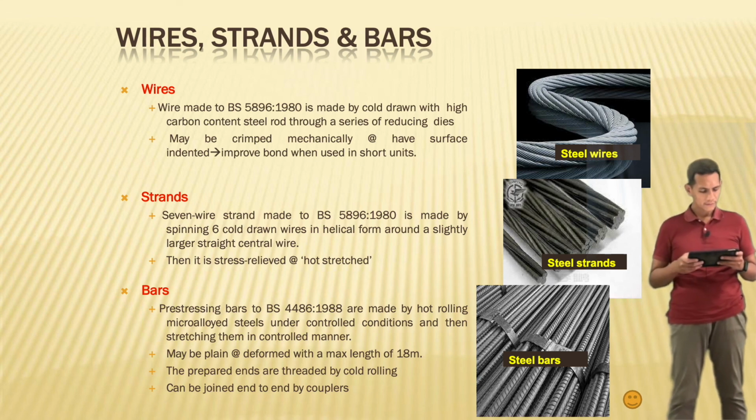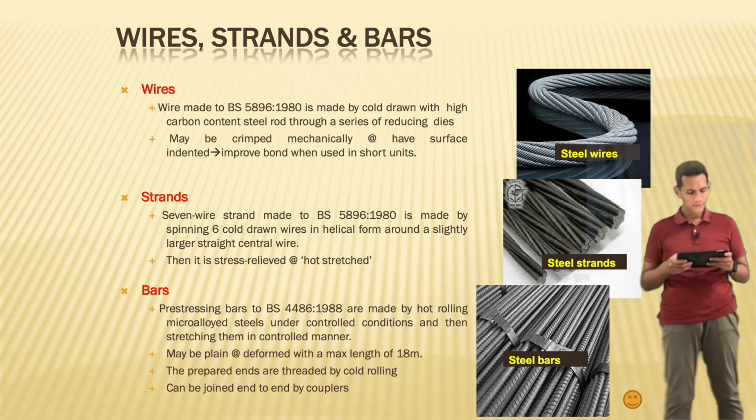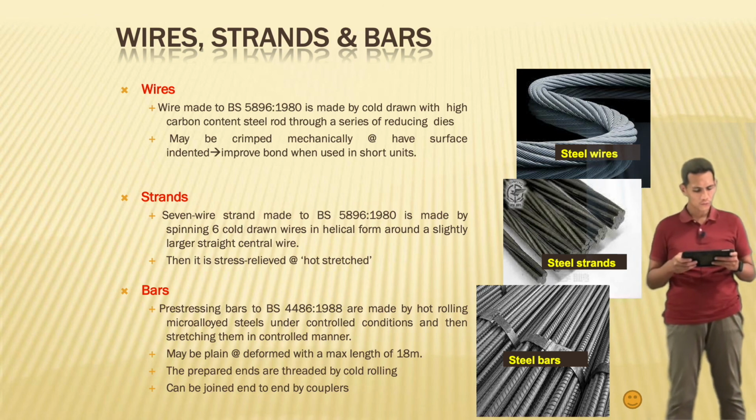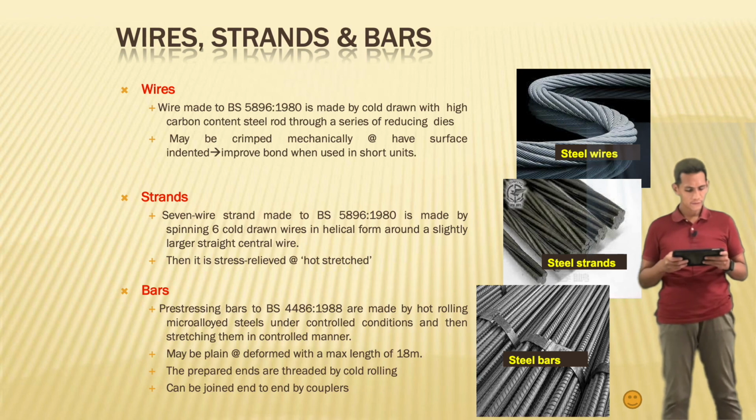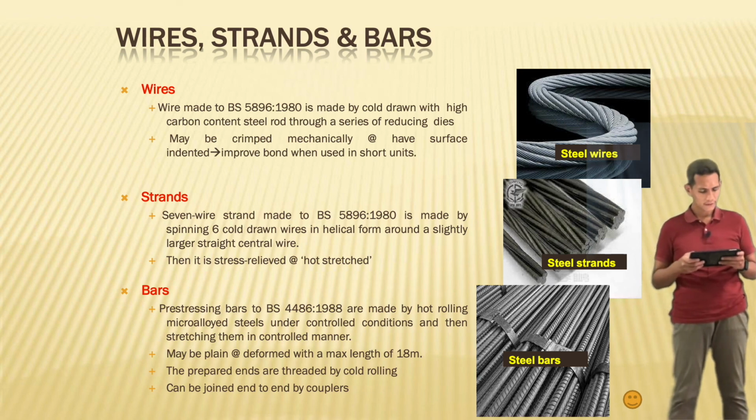And the strand, 7-wire strand made to BS 5896 1980, is made by spinning 6 cold drawn wires in helical form around a slightly larger straight central wire. Then it is stress relieved or hot stretched.